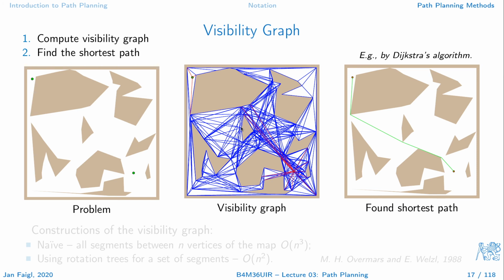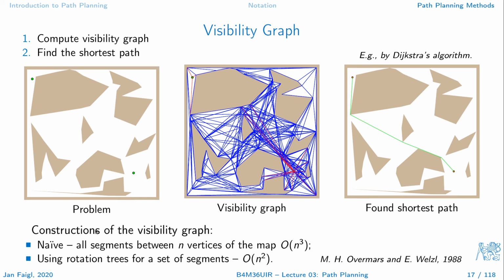Having such a graph, we can use Dijkstra or any other algorithm to find the shortest path. You can create a visibility graph in a naive way with n cubic complexity, but there exists a more sophisticated method using rotation trees that has squared complexity. If you are interested, take a look at the paper or ask me for more details.